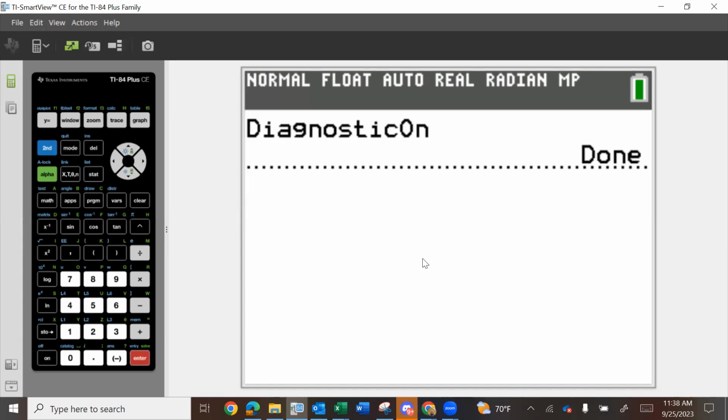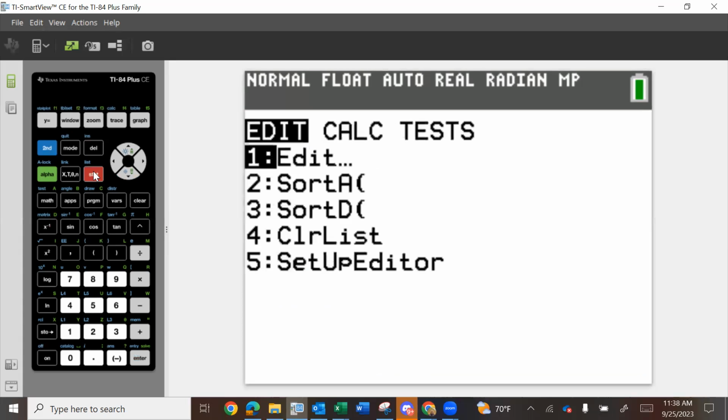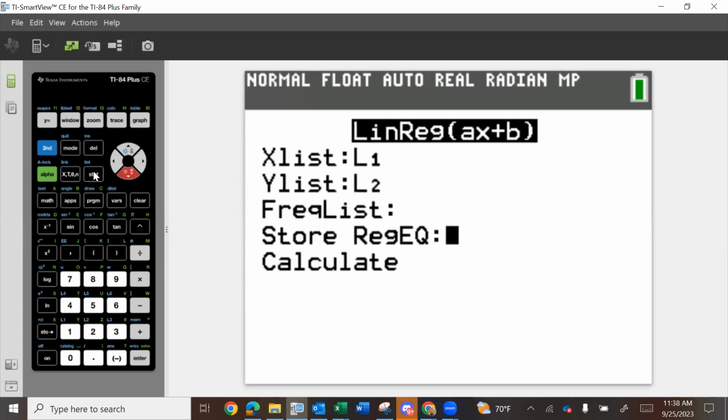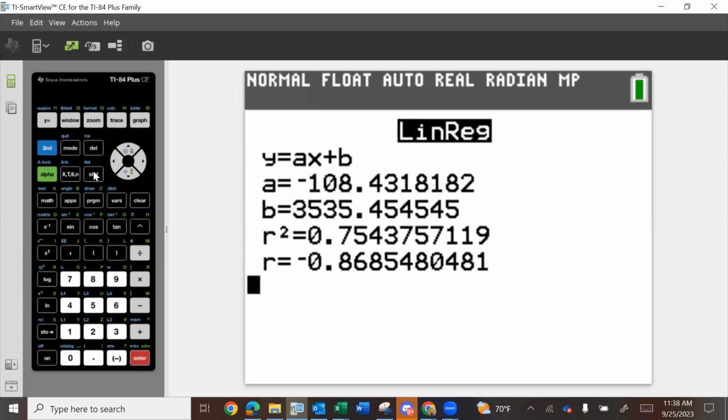So it says done. Now, when I do one of these regression things, the R's are going to pop up every time, and I shouldn't have to do the second zero and all that ever again. Okay, so let's take a look at what we got here.